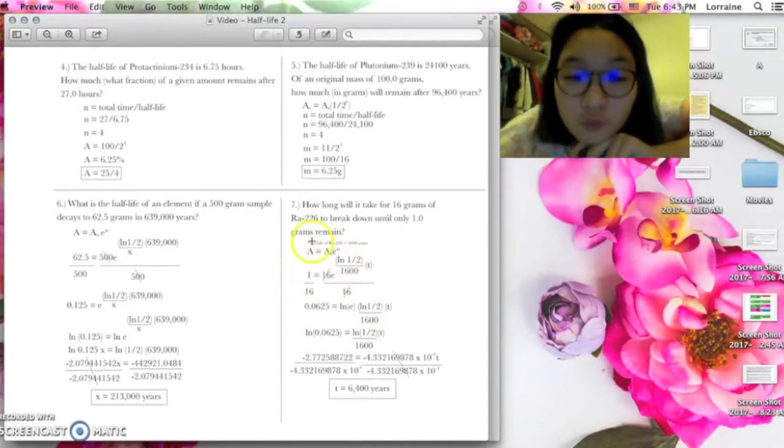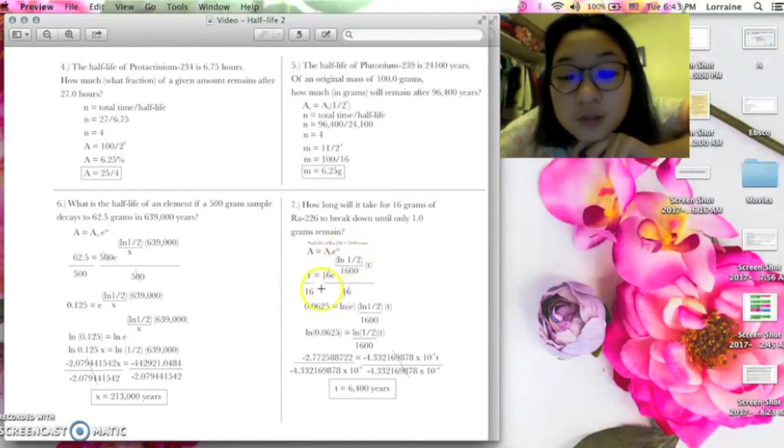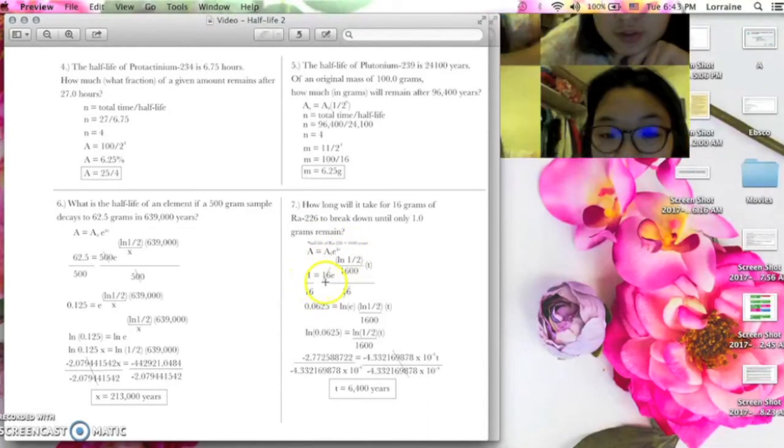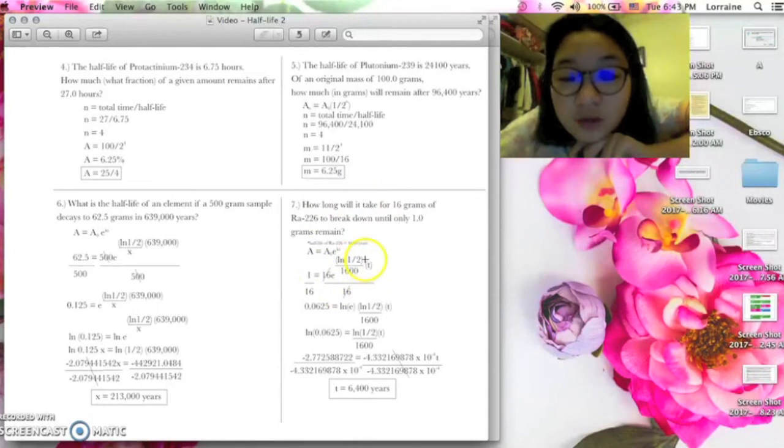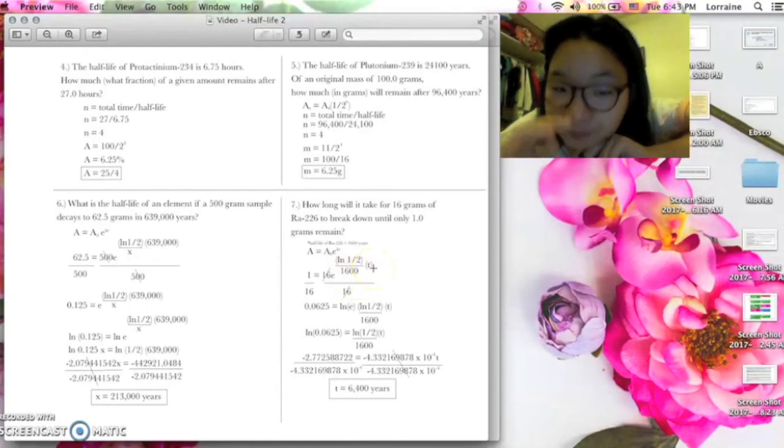Anyway, so we use this equation, A equals A sub 0 e exponent kt. So 1 equals, we just substitute again, 1 equals 16e to the exponent of ln of 1/2 over 1,600 times t. Then we divide that by 16. So 1 over 16 equals e to the exponent of ln of 1/2 over 1,600 t.